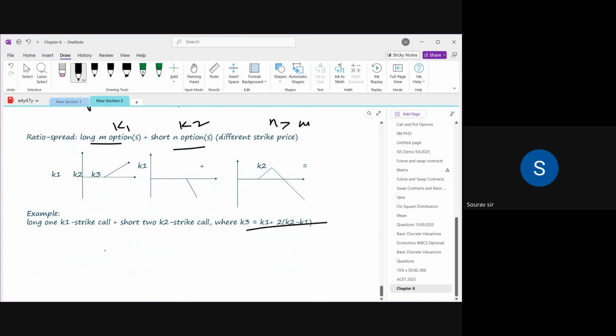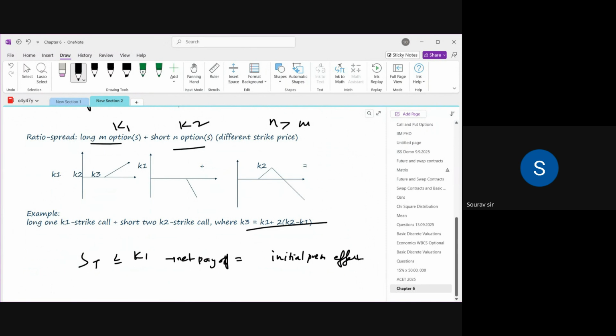So for a low stock price, say ST less than or equal to K1, all calls expire worthless. So in that case, what will be the net payoff? The initial premium effect.